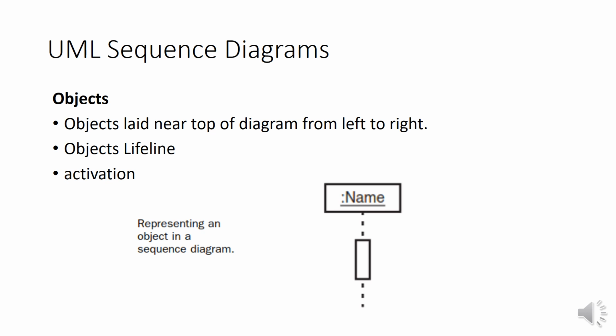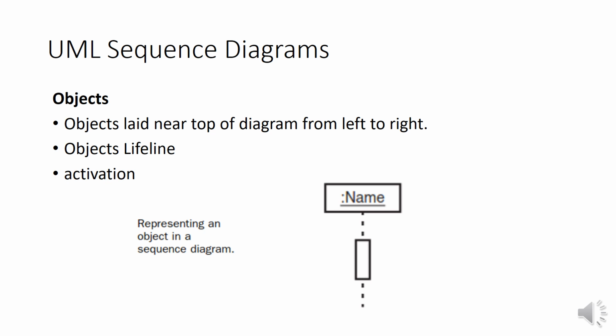The main element of sequence diagram is the object, which is represented in a rectangle with the name of the object underlined. There are different notations to represent an object in the rectangle. You can write only the object name, or you can write object name, colon, class name.